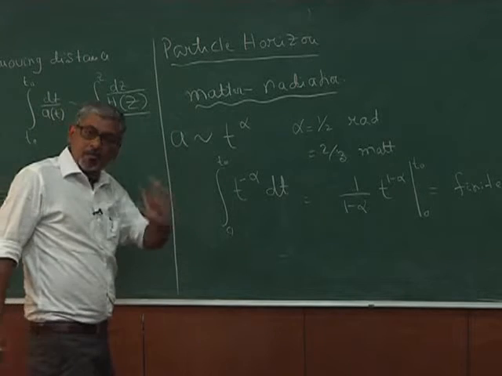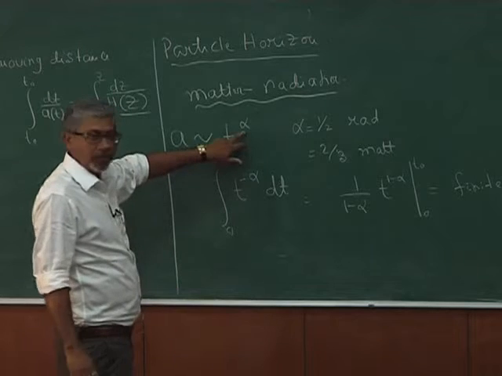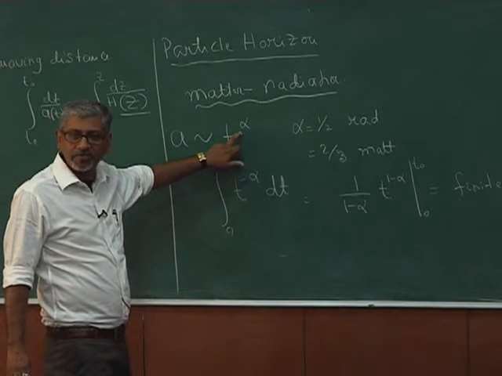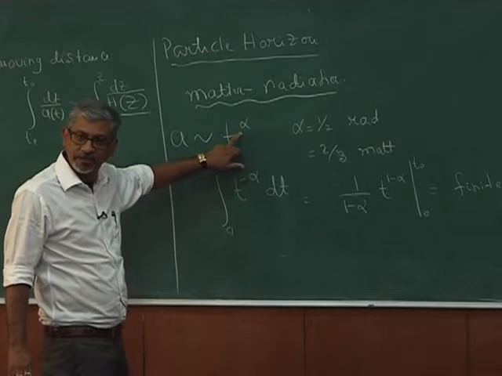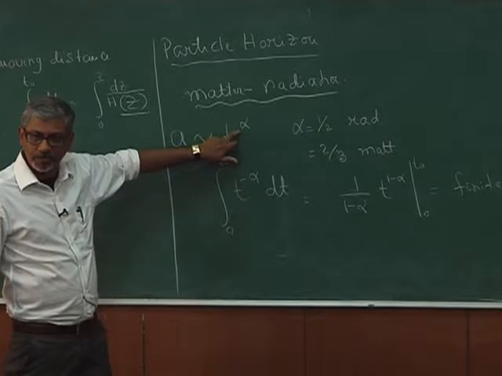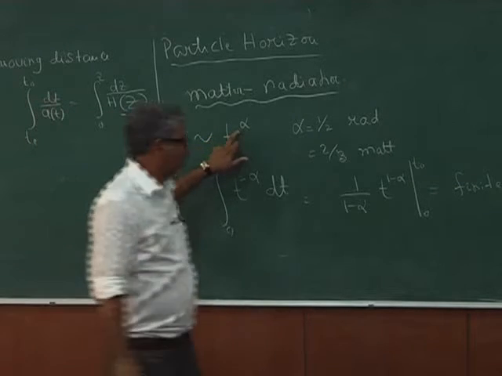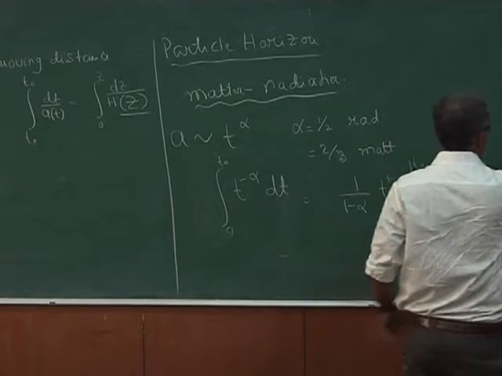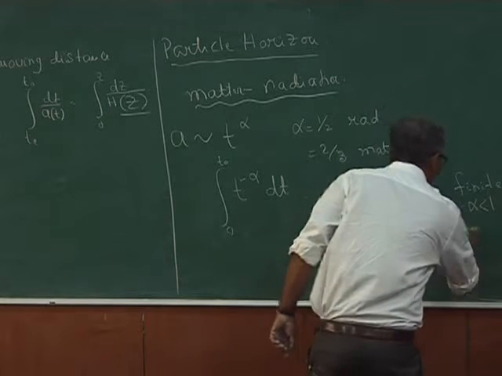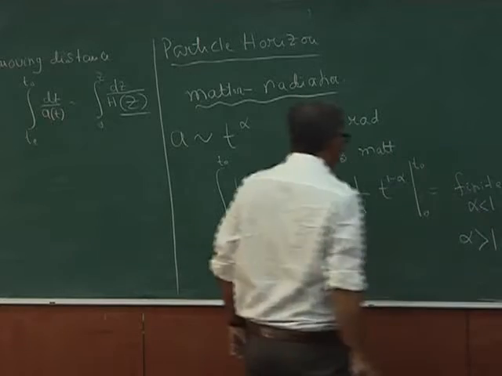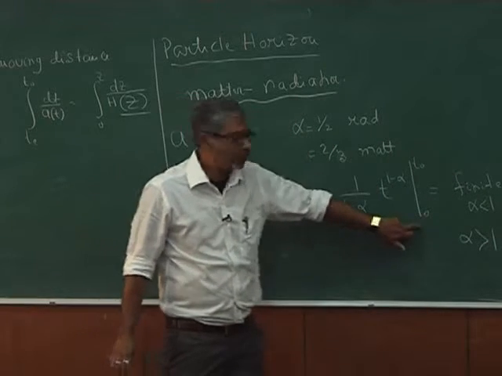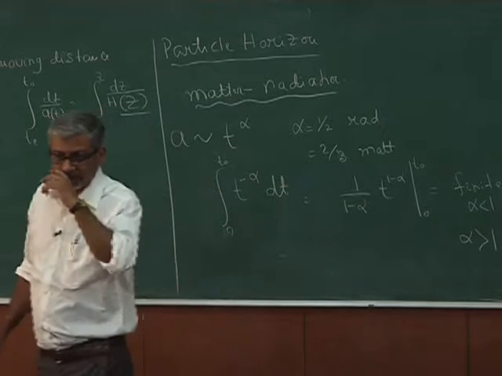But if somehow I have a universe where alpha is greater than 1, alpha greater than 1 means that the universe is accelerating, because alpha smaller than 1 means the universe is decelerating, and alpha greater than 1 means the universe is accelerating. So this is finite for alpha less than 1, but if you have alpha greater than 1, then you can see this exponent is negative. So this is 1 by t, so at t equal to 0 this blows up, so this becomes infinity, fine.